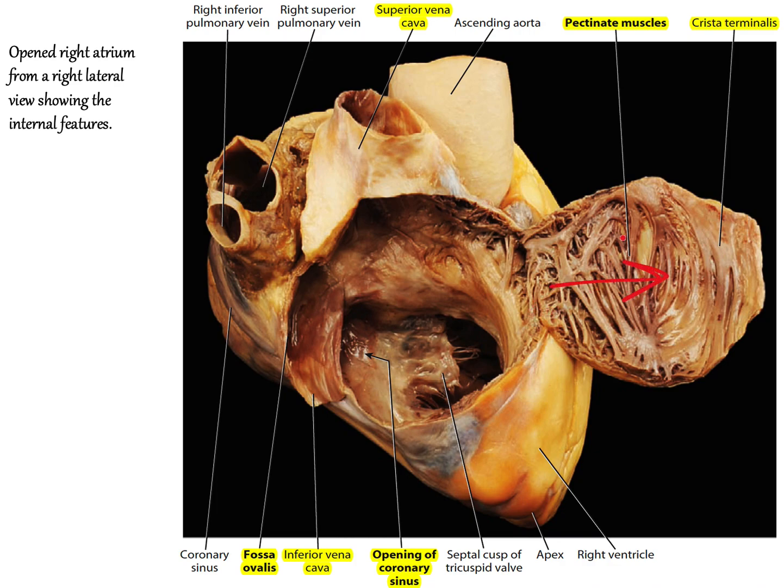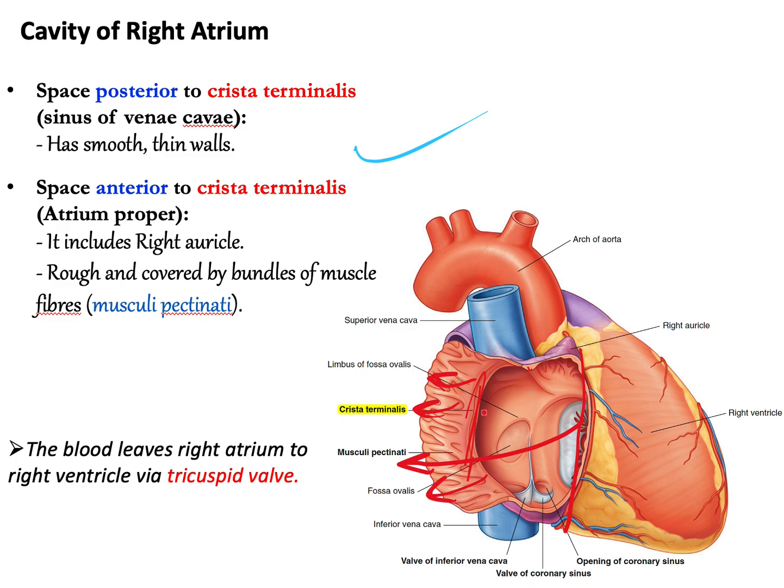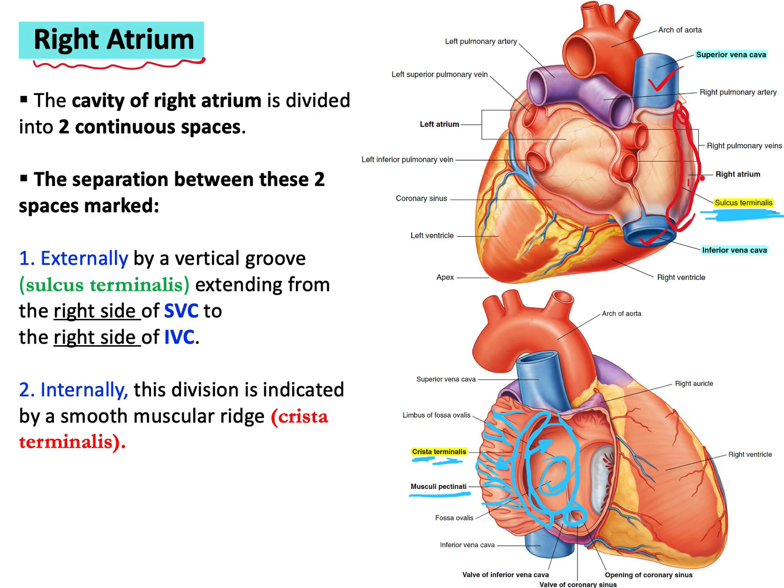So don't be confused. Still, we have the pectinate muscle and we have the crista terminalis. That should be here at this level. So if you close it, you will see that the crista terminalis is here, which is, as I mentioned, at the right side or right border of the superior vena cava and inferior vena cava, as you saw it here, guys, right?